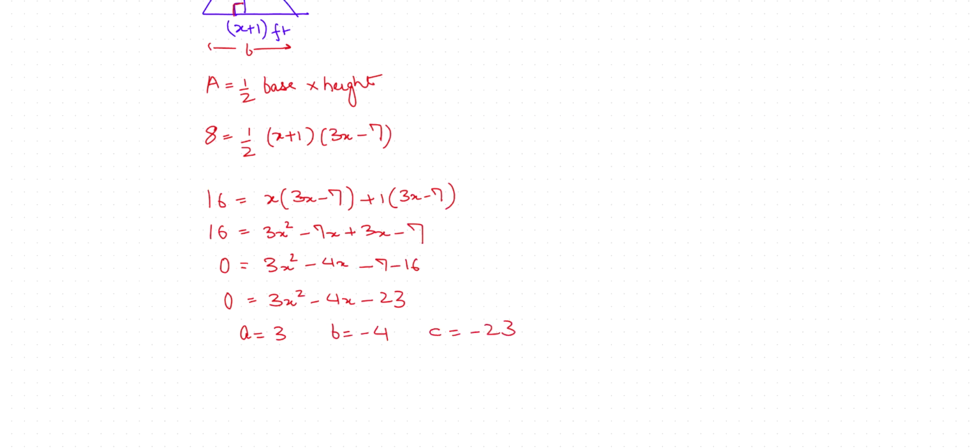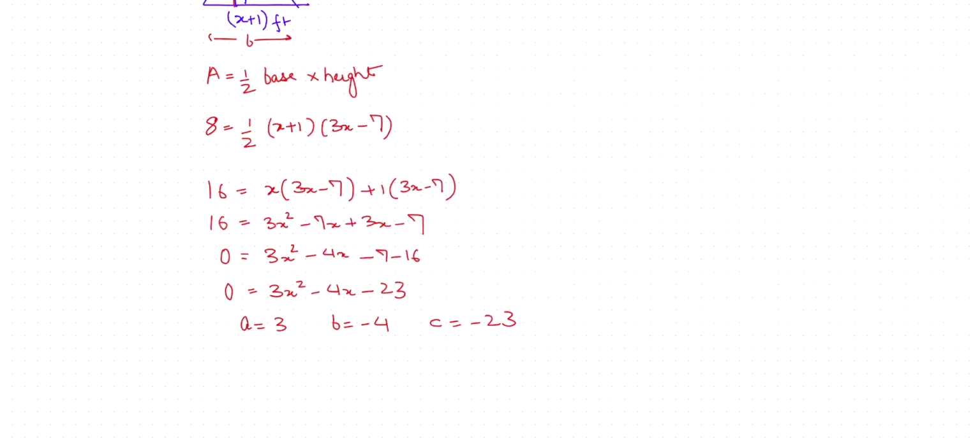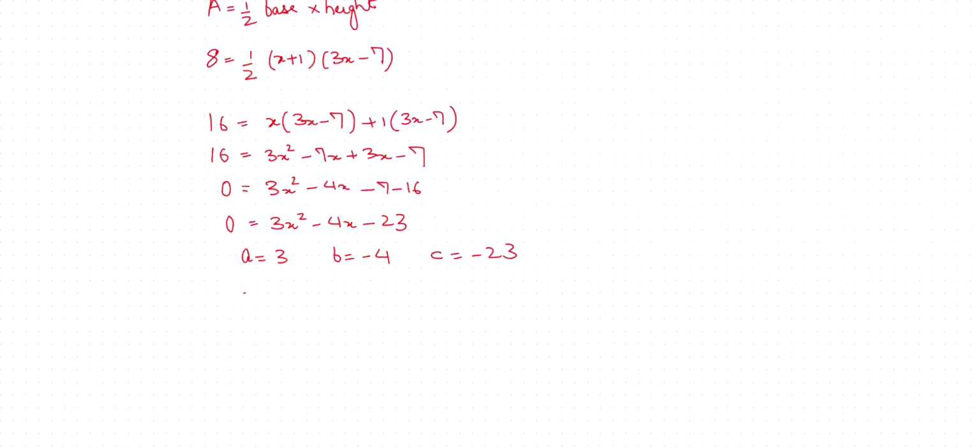We'll use the formula x is equal to negative b plus minus the square root of b square minus 4ac over 2a.